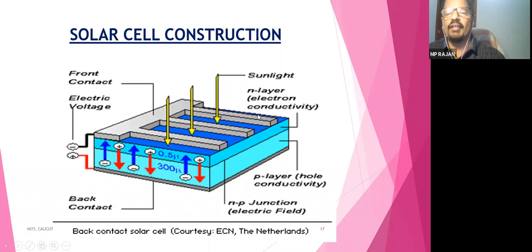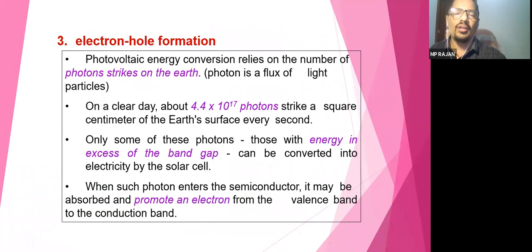Okay, so at the bottom there is also a contact. So in the coming slide I will show you current will flow from positive to negative, from metal conductor to metal contact. Okay, and this is the construction of the solar cell. Okay, so photovoltaic energy, I said, is coming from the sun.